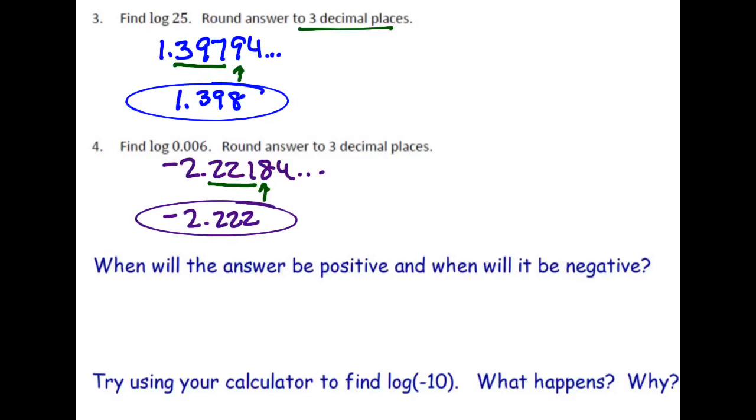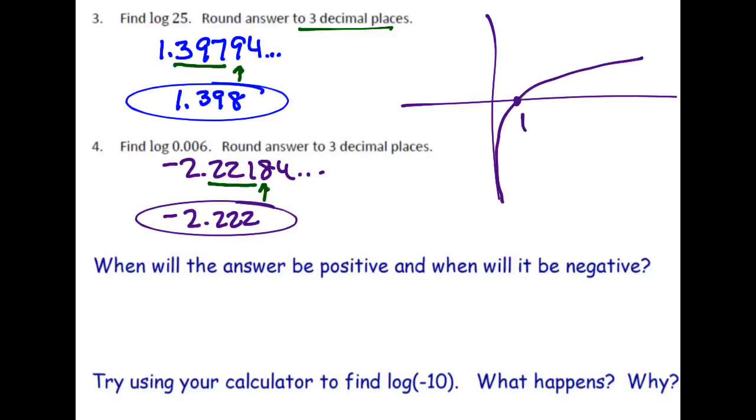Okay, so when will the answer be positive and when will it be negative? We haven't really talked about that yet. If you remember on your graph, it goes like this, right? Basically, that point right there, do you remember what it was? That was 1.